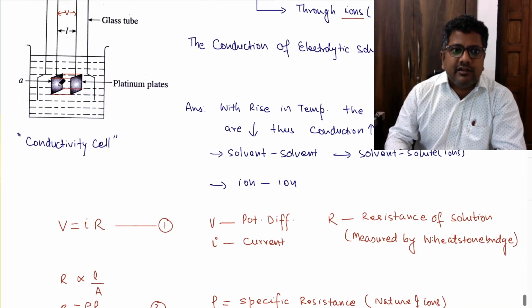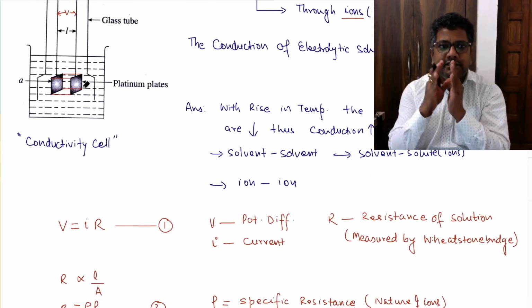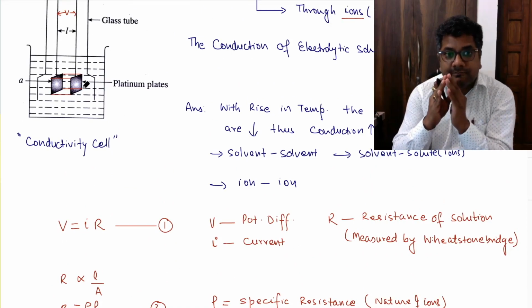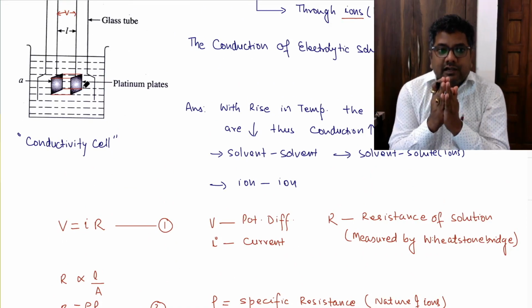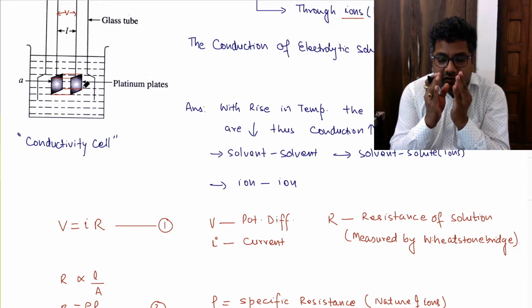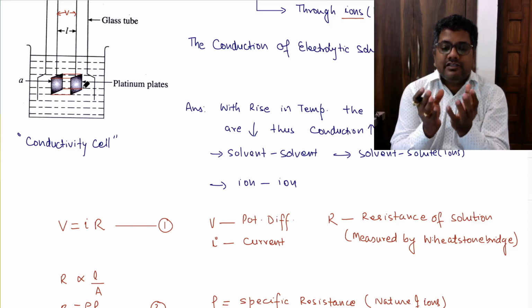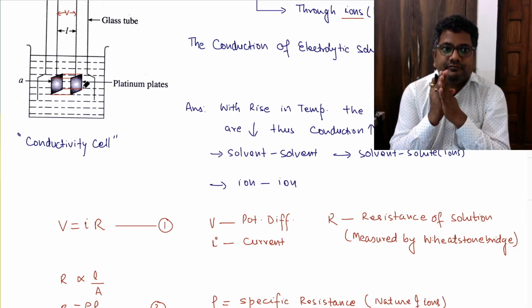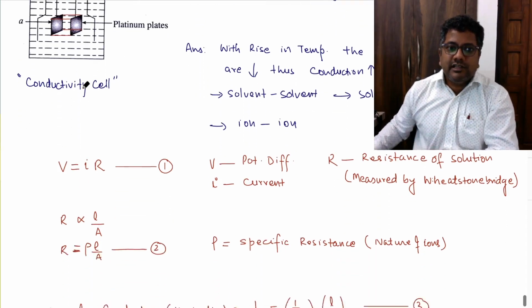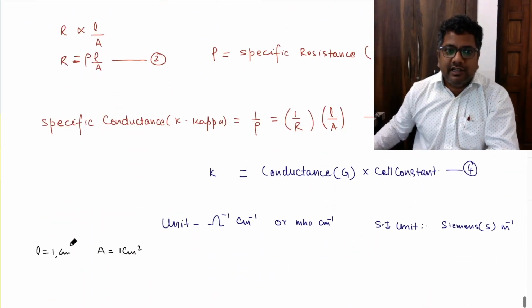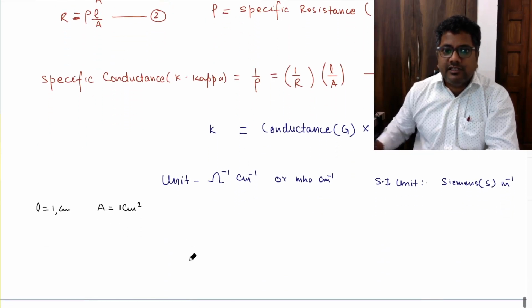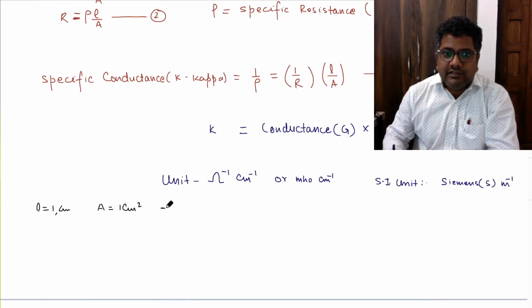So listen carefully, this is very important. Specific conductance is the conductance shown by the ions present in 1 centimeter cube of the solution. 1 centimeter length and 1 centimeter square cross-section area make 1 centimeter cube of solution.